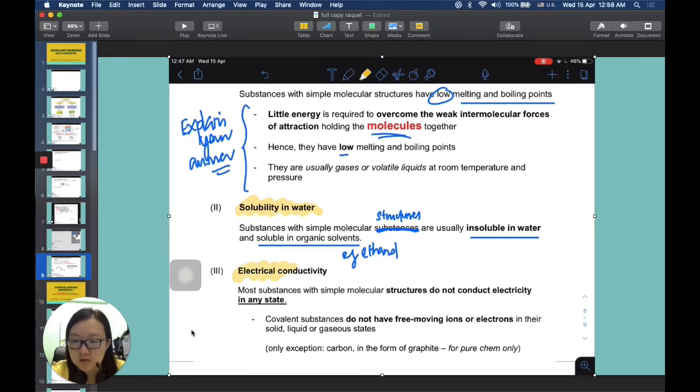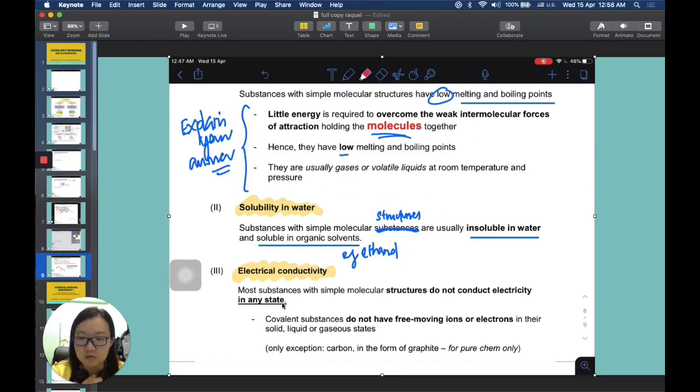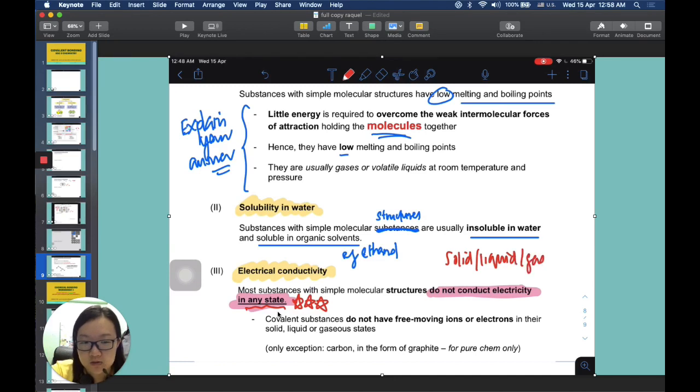And finally, on electrical conductivity, most substances with simple molecular structures do not conduct electricity in any state. Please highlight this as well. Put a big star on this part, on any state. You need this full answer written down for the full mark, or to explain why covalent substances are unable to conduct electricity.